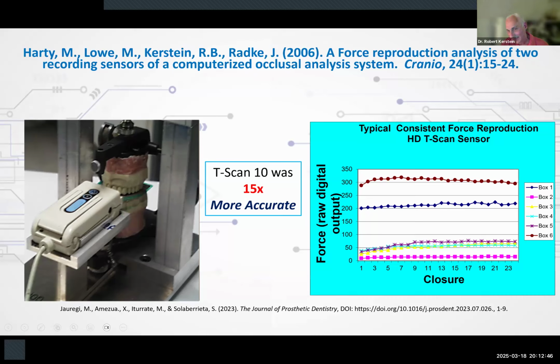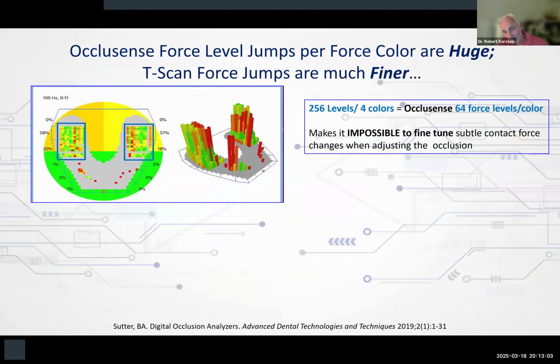And so this is exactly what this group in this paper in 2023 actually found, was this very low variation after repeated crushing, which is, again, really important when you repeatedly record on people. You want to get accurate, reproducible force data. Now, these technical things are important to show you some of the differences.